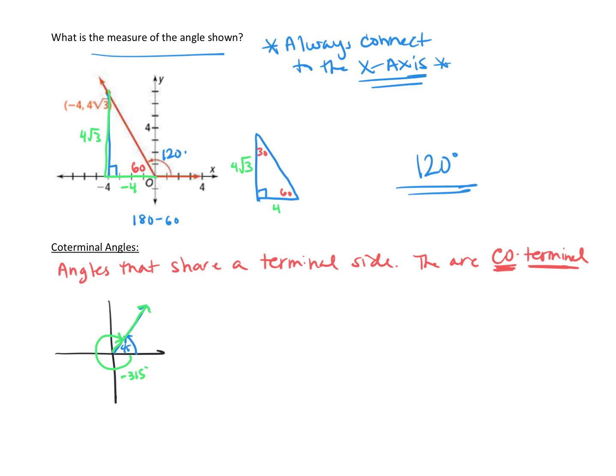All right, so to find coterminal angles, because sometimes they just say find coterminal angles, you can just add or subtract multiples of 360 to find coterminal angles.